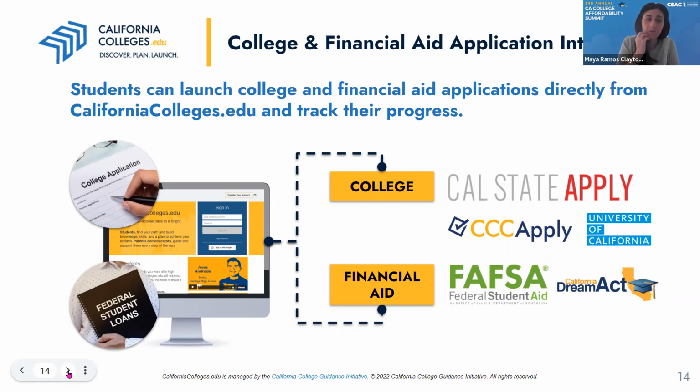It's really important, as you're thinking about looking at the progress and trajectory for your students, that when you're sending them to CaliforniaColleges.edu, it's easier for them. It's one place to go, but it also ultimately, we believe, and educators tell us, makes it easier for you because you're going to have the data to really support who are those students that you need to follow up with to ensure that they're completing their processes.